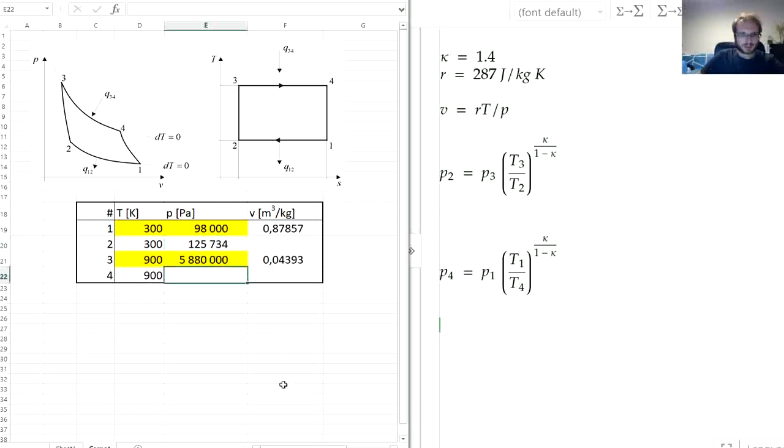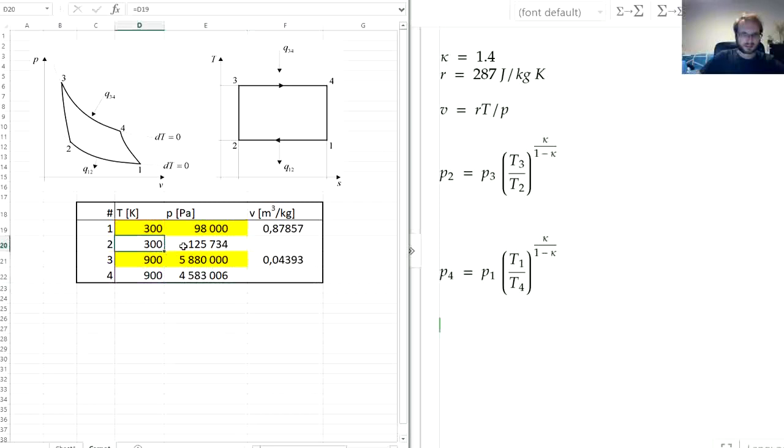And similarly here, pressure at point 4 is pressure at point 1 multiplied by P1 over P4 to the power of kappa 1.4 divided by 1 minus kappa.